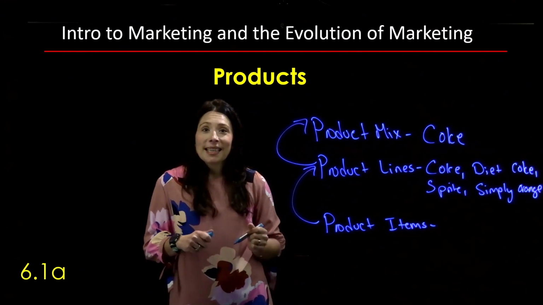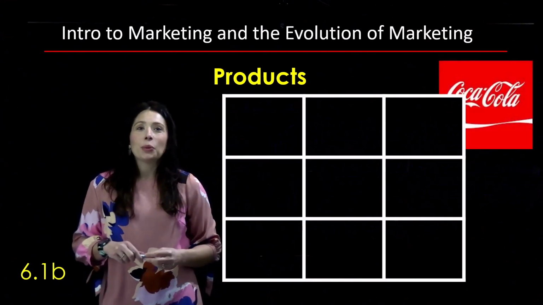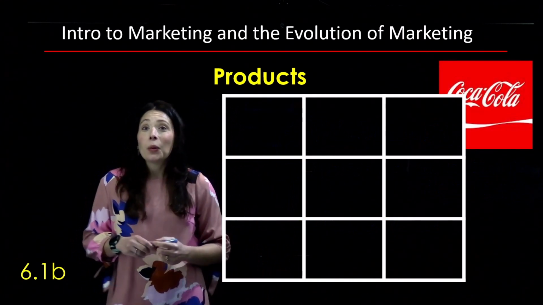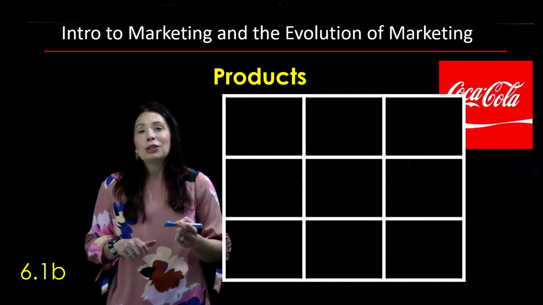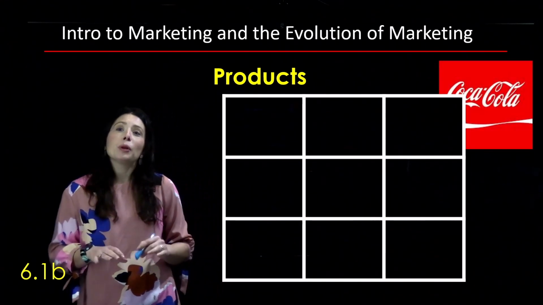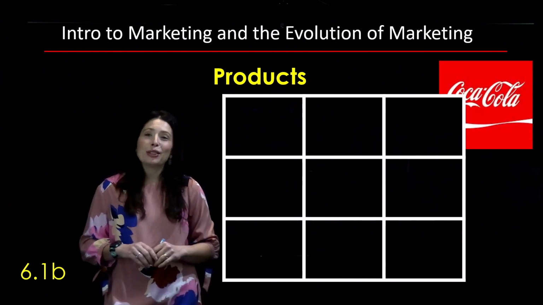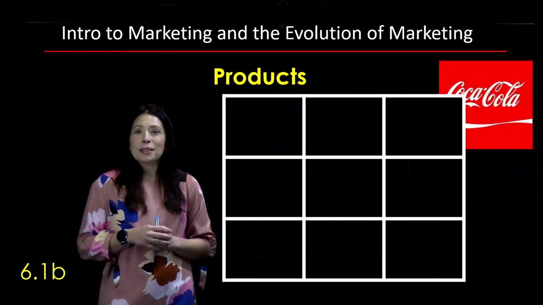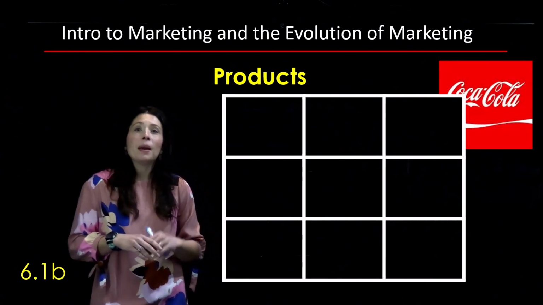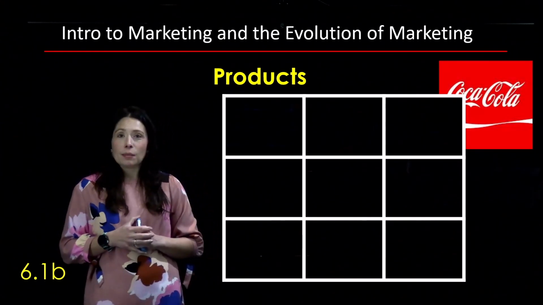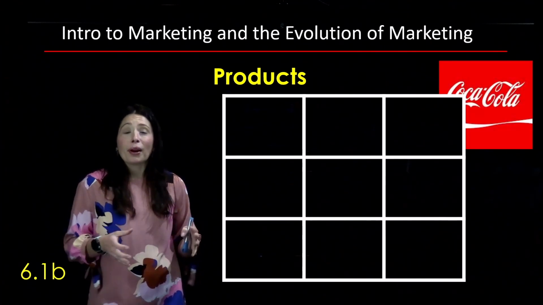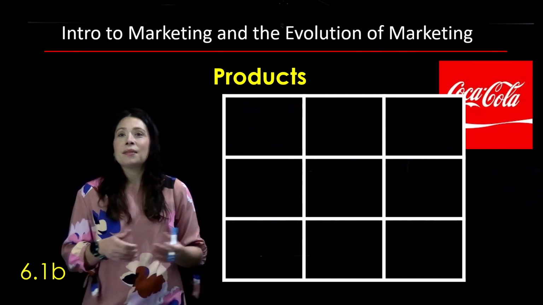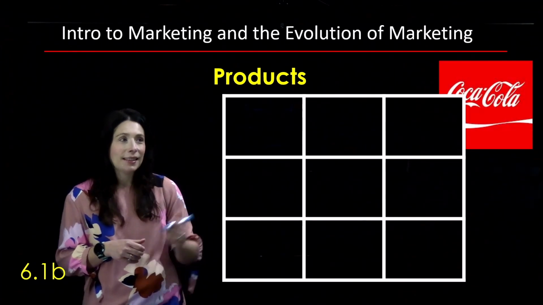Let's quickly put it into action. Let's go back to our Coke example and develop a quick product mix table. Students will have the opportunity to do this in more detail and do a bit of additional research on your own in this mini module. In this product mix table, we are going to develop the product lines and items of the overall Coke product mix. To begin, let's develop the product matrix.